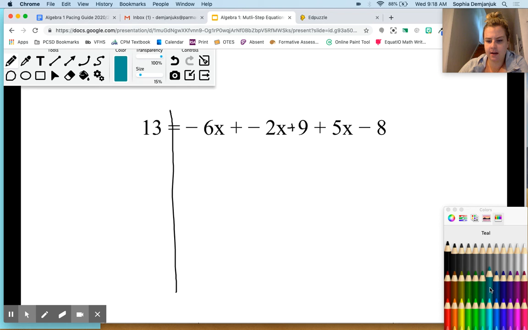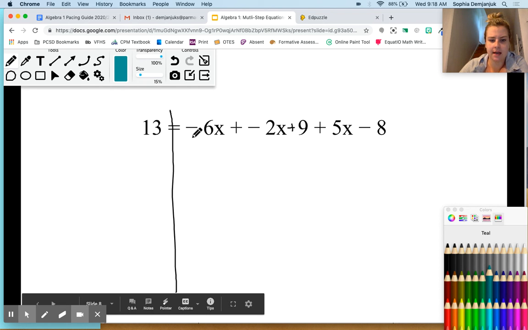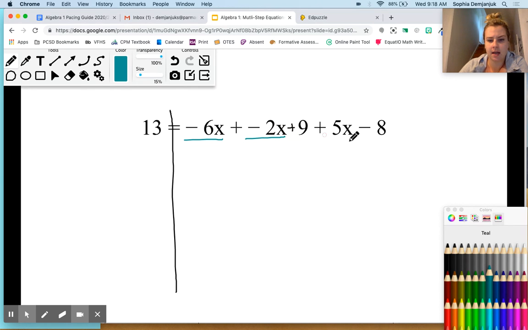You should have added, combining your like terms first, I have a -6x, a -2x, a +5x. -6 and -2 gives me -8. Adding 5 onto that leaves me at -3x. I have a +9 minus 8. 9 and -8 leaves me with 1.